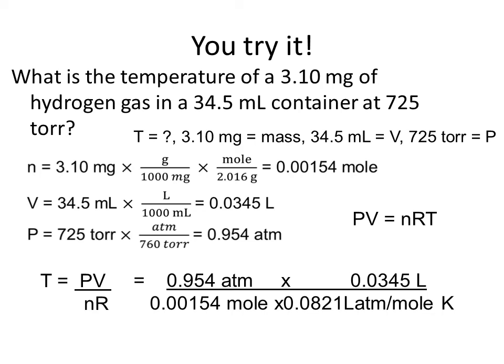Notice liters cancels out, atmospheres cancels out, and mole cancels out, and I come up with Kelvin, which is a temperature. And when I plug it in on my calculator, I come up with 260 Kelvin. If you want to express it in Celsius, you could have converted it to negative 13 degrees Celsius also.